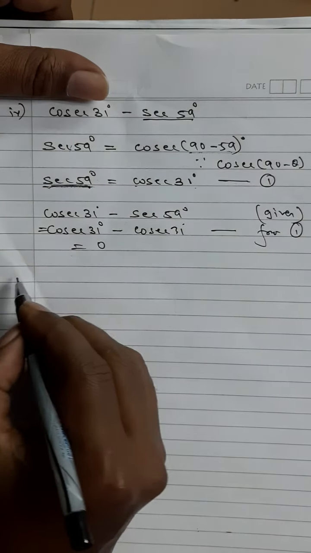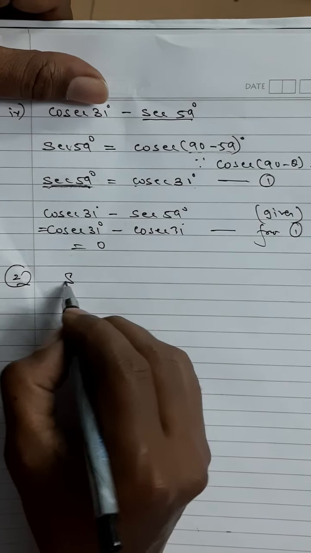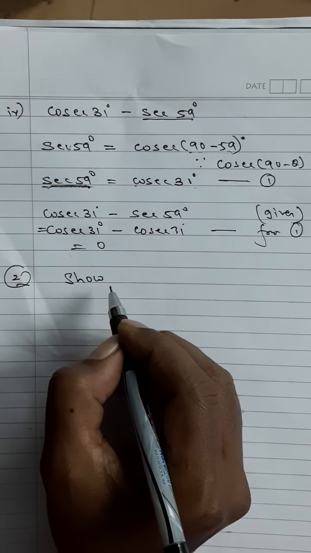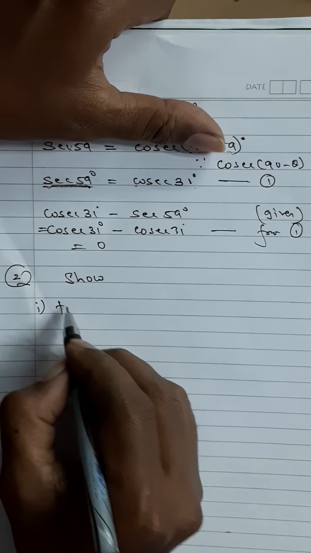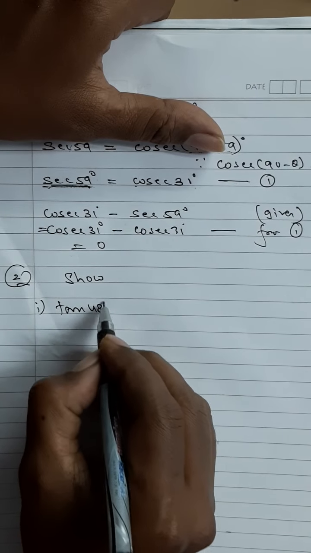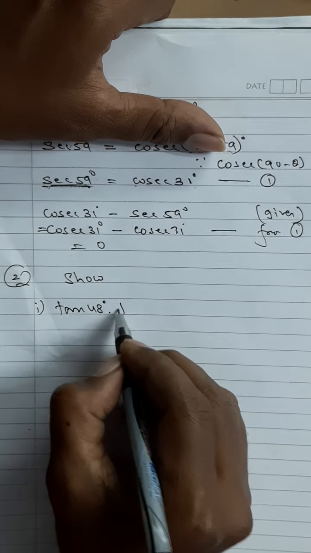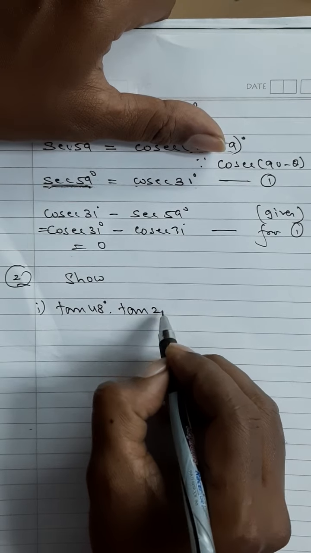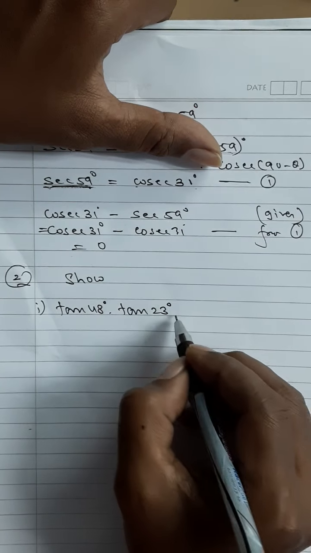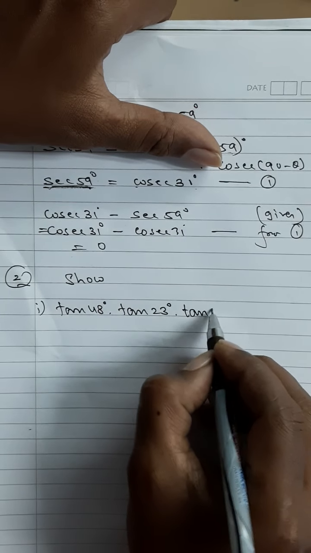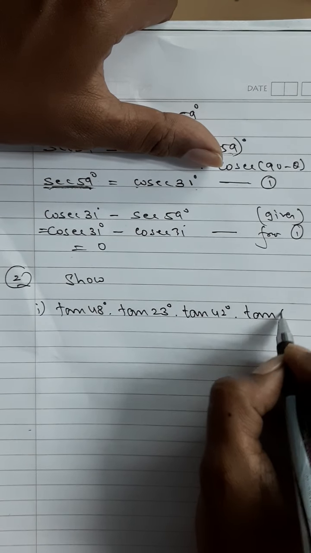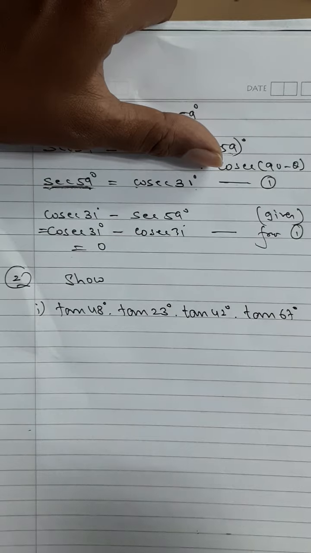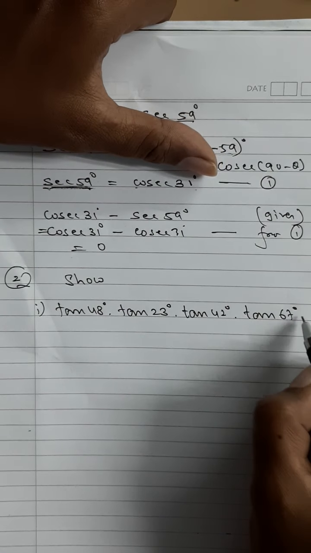Okay my dear students, so now let's go and try the higher one. Show that tan 48 degree into tan 23 degree into tan 42 degree into tan 67 degree is equal to 1. We have to show this.